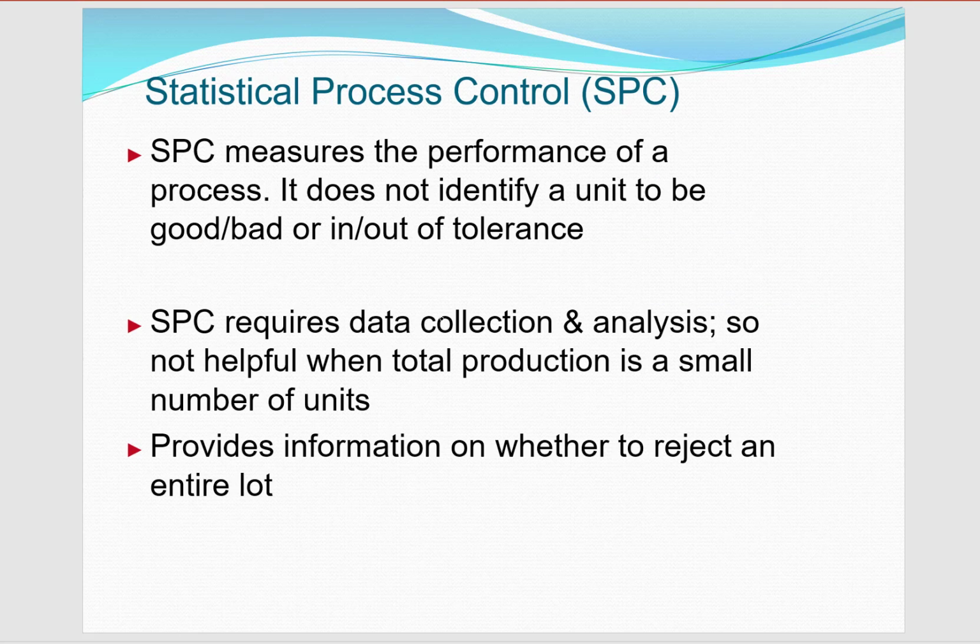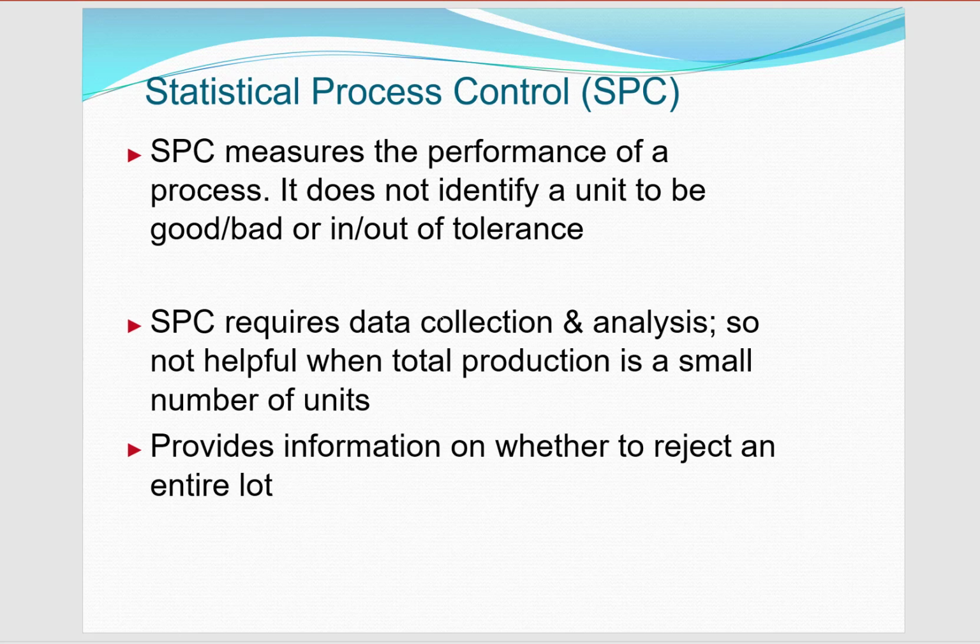So SPC measures the performance of a process. It does not identify a unit to be either good or bad or in or out of tolerance. It requires data collection and analysis, so it's not really helpful when total production is a small number of units.